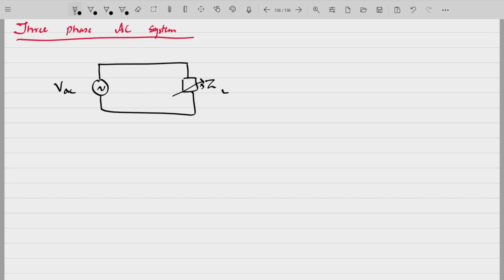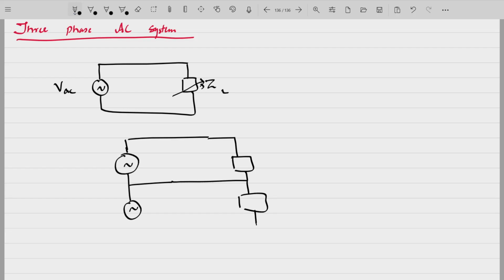So with AC systems, we can have one voltage source connected to a load, or we can have a number of voltage sources connected in different manners to the same load or to a different number of loads. So we can have, for example, a system wherein we have two voltage sources connected to two different loads.